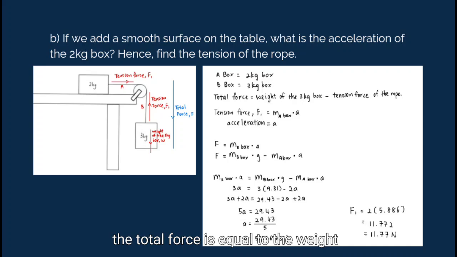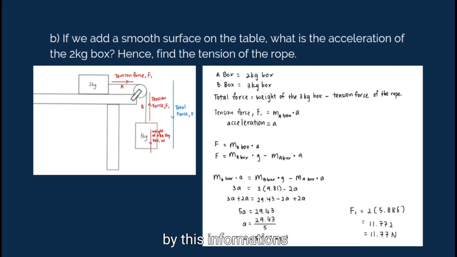The total force is equal to the weight of the 3 kg box, which is B box, minus the tension force of the rope. While the tension force of the rope, F1, is equal to the mass of A box multiplied by the acceleration. Because the pulley is used in this experiment, the tension force in part A is equal to the tension force in part B.